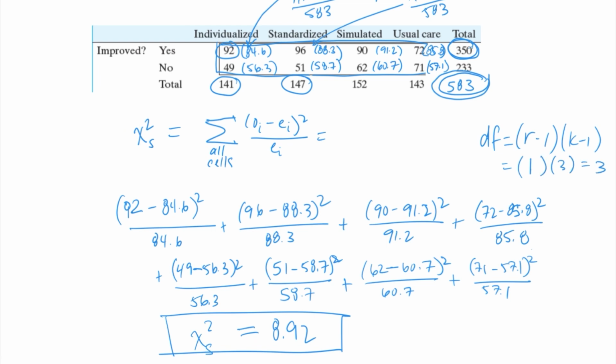So now I'm going to go to the table with this test statistic and this degrees of freedom. Just as a reminder, when you have an R by K table with more than just 2 rows and 2 columns, then you're never going to be doing a directional hypothesis. It's always going to have to be non-directional, because there's lots and lots of different ways that the alternative hypothesis can differ from the null hypothesis.